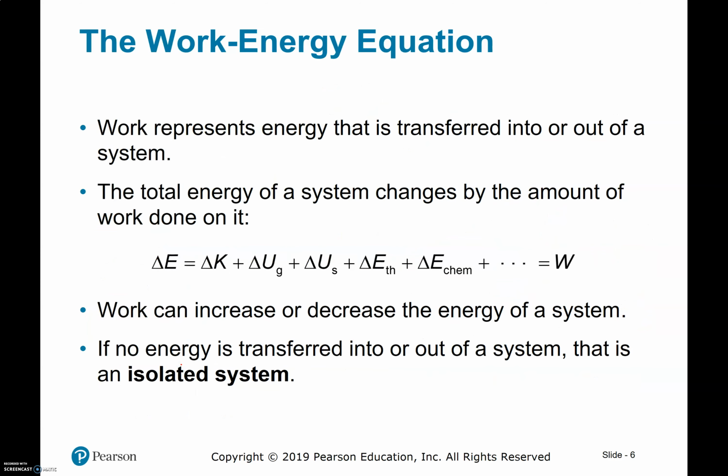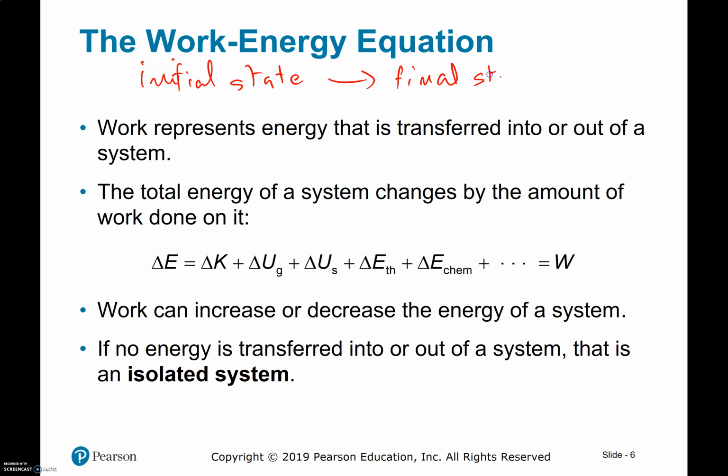So let's see how we can write an equation to relate work and energy. We have a system, and the system goes from an initial state to a final state, right? So we do something to the system.